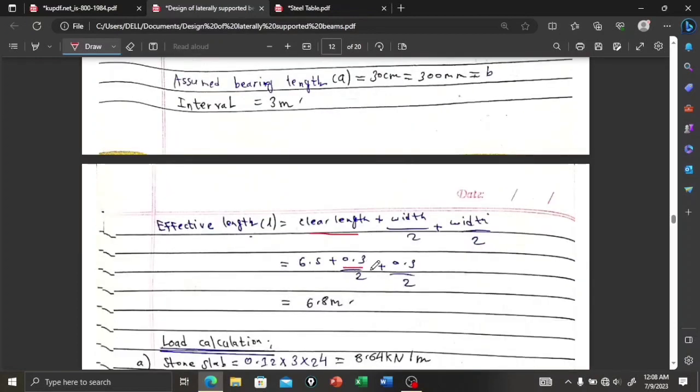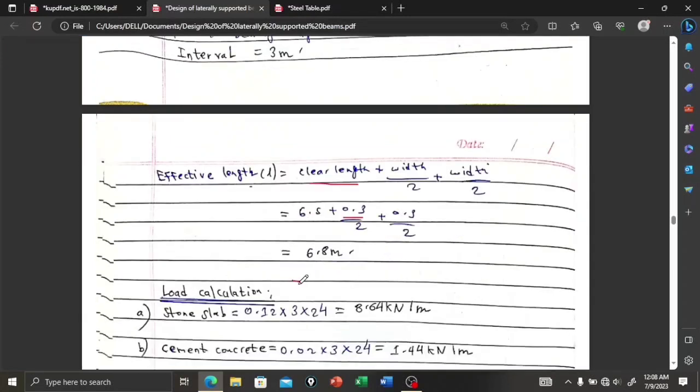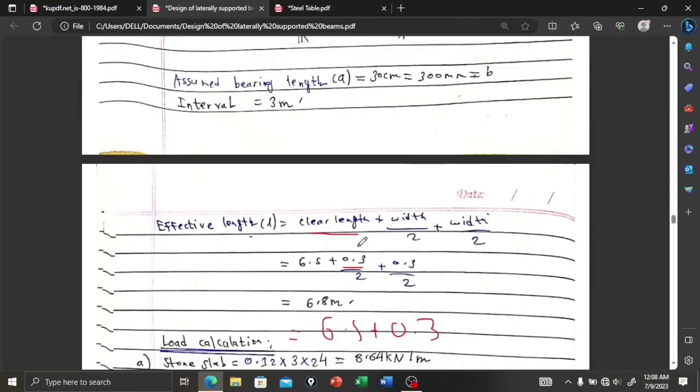So 6.5 plus 0.3 is 6.8. The bearing width is assumed to be 30 cm or 300 mm. It can be denoted by A or B.